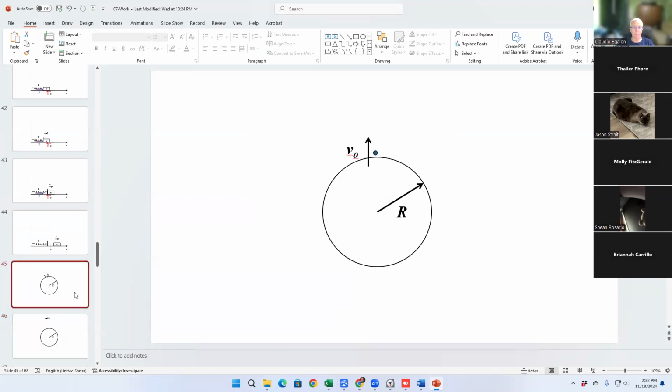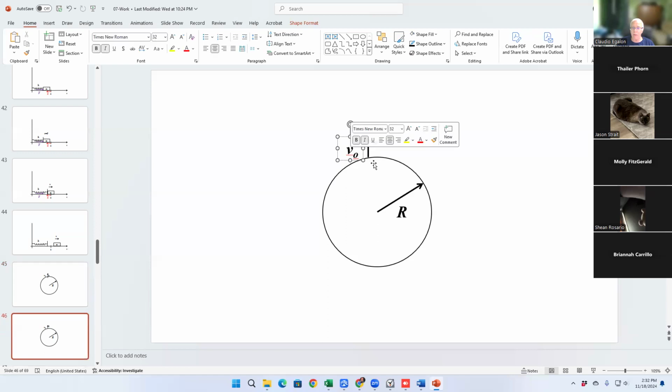As time goes by, the projectile climbs into space and its speed decreases, right? If you want to play the movie, you can play like that. Little by little, the arrow decreases in size, right? Velocity instead of v naught, now let's say it's going to be v1.